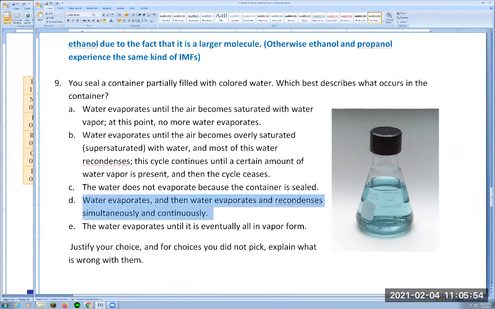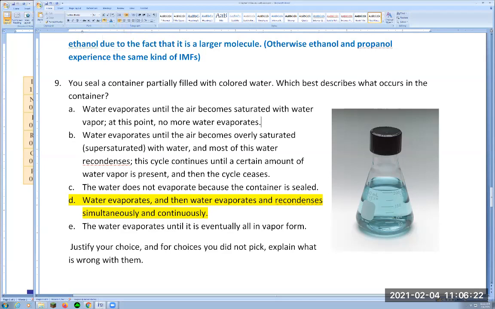The water evaporates and then evaporates and recondenses simultaneously and continuously. The other options are not correct. So let's say why. Water evaporates until the air becomes saturated with water, and at that point, no more water evaporates.